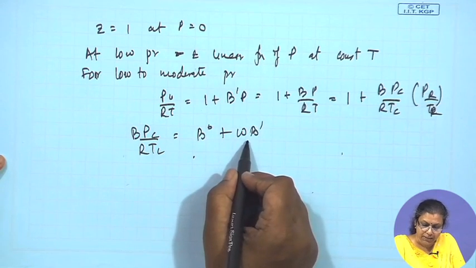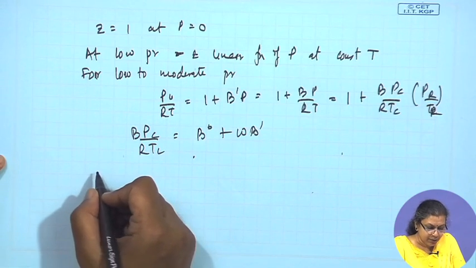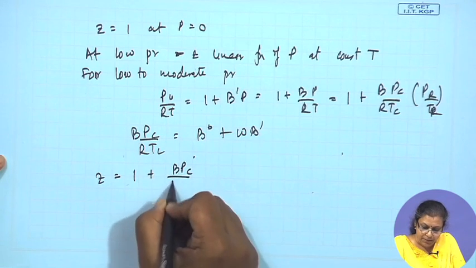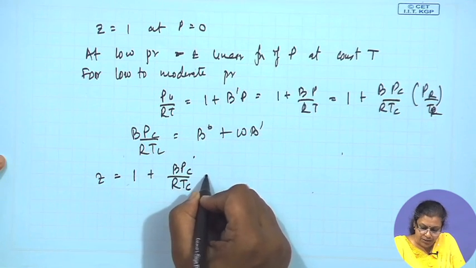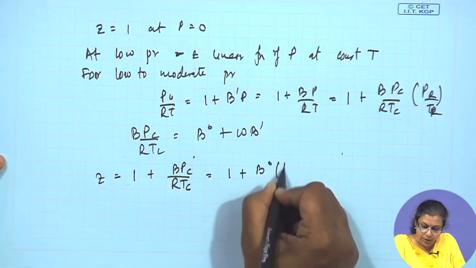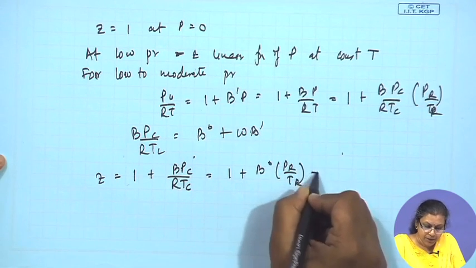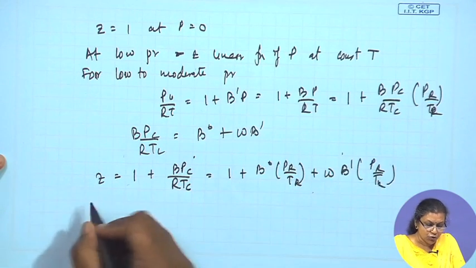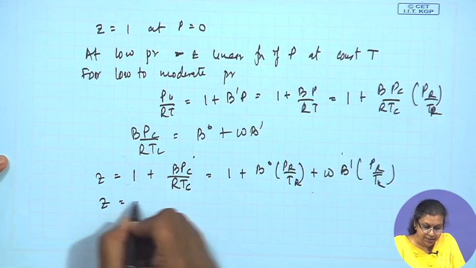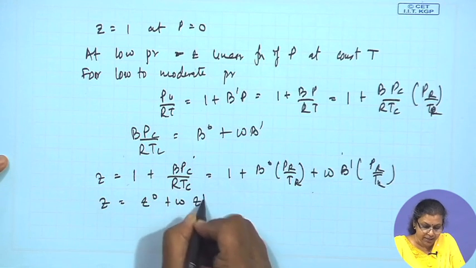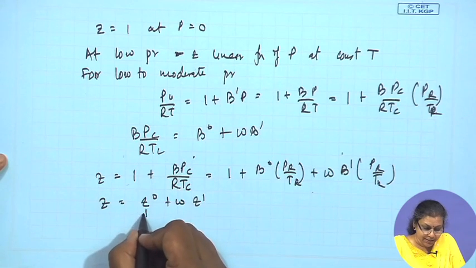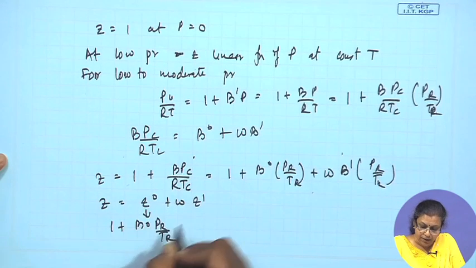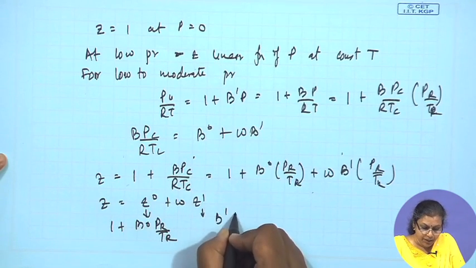When you substitute this in the equation for Z, we get Z equals 1 plus B0 Pr by Tr plus omega B1 Pr by Tr. So, from the Pitzer correlation we know Z equals Z0 plus omega Z1, from where we can say that Z0 is 1 plus B0 Pr by Tr and Z1 is B1 Pr by Tr.